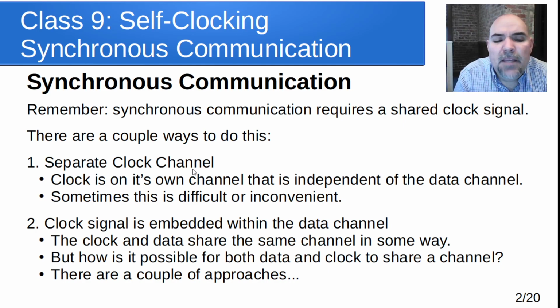In those cases, it's difficult or inconvenient or sometimes even impossible to have a completely independent clock channel. So the solution there is to somehow embed the clock signal within the data channel. In other words, the clock and the data are going to share that same channel in some way.